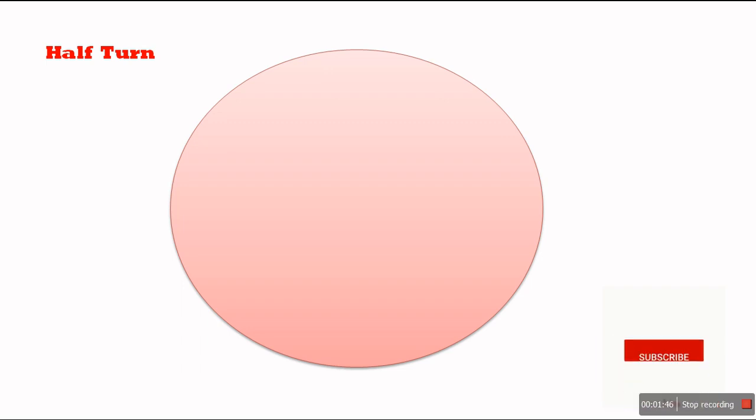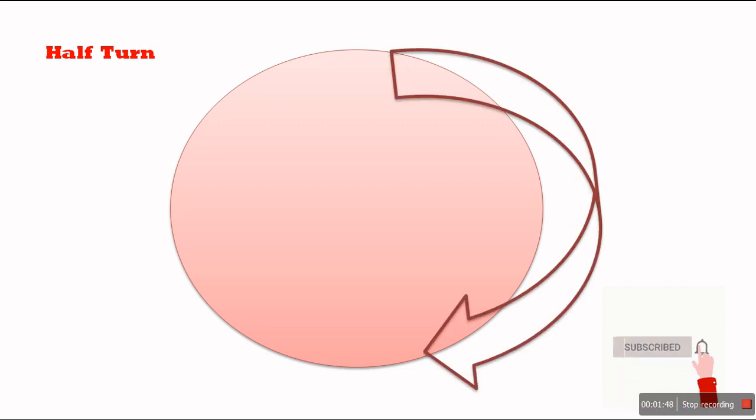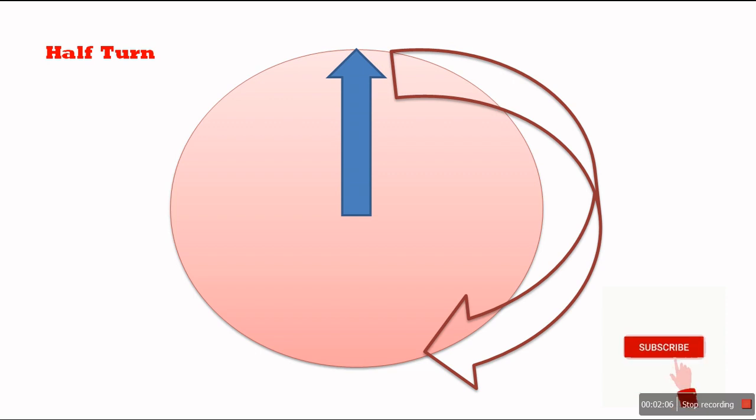Again see the circle. What will happen? If something is on the upside, it will come downside like this. The arrow is upside. If I turn it half, it will come down. If this is an object, you can see this arrow.